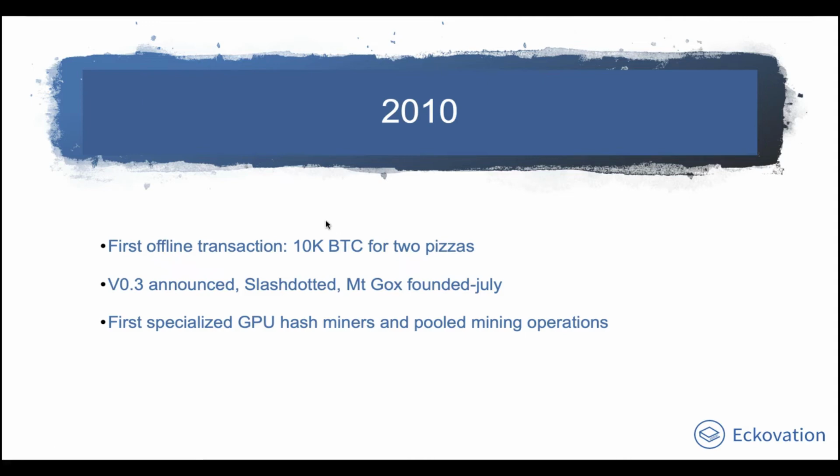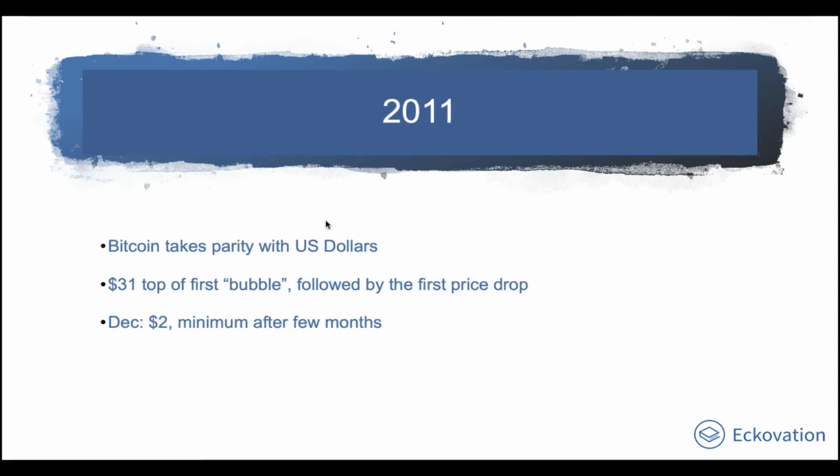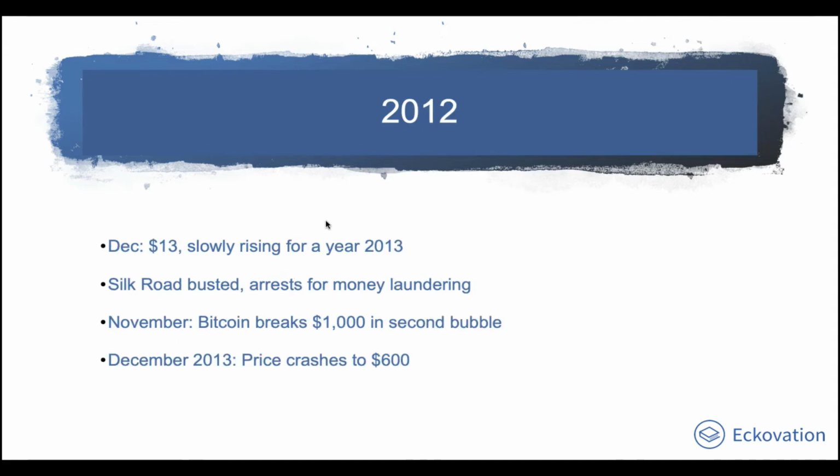In 2011, Bitcoin took parity with the US dollar. So we had Bitcoin and US dollars coming into one wallet. The price went up to $31, which was the first bubble, and dropped back to $2. In 2013, it started growing slowly. We had something called Silk Road, where Bitcoin was used.